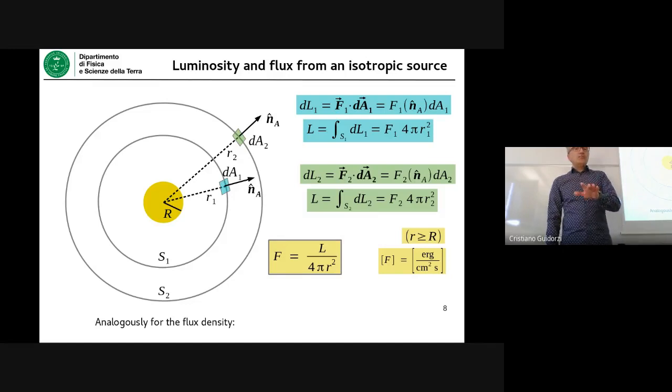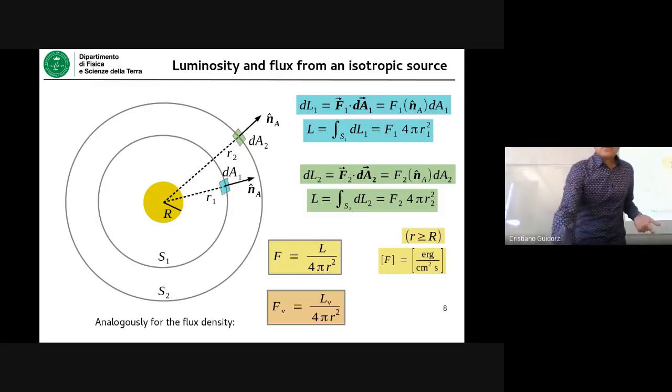I here use volumetric quantities, if you noted that. But if you think carefully, you can play the same game with the corresponding specific quantities. So instead of the volumetric flux, you can use the specific flux. Instead of the volumetric luminosities, you can use the specific luminosities, and the game is exactly the same.